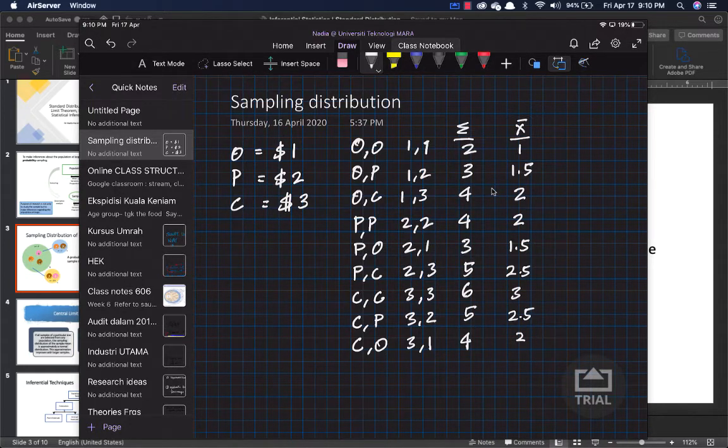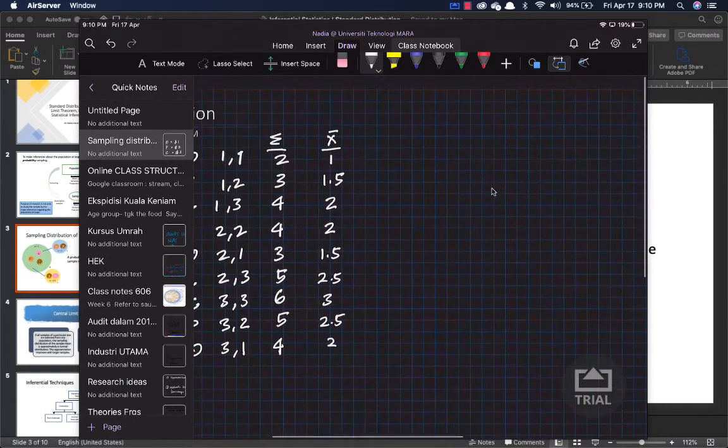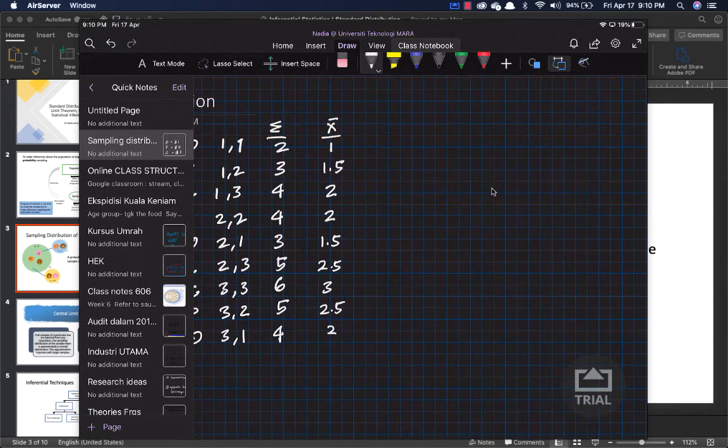All right. So how do we calculate the sampling distribution? Okay, let me draw a chart here. Let's take a look at the mean scores. We have a mean of 1, and then we have 1.5, 2, 2.5 and 3. So how many of the scores are 1?